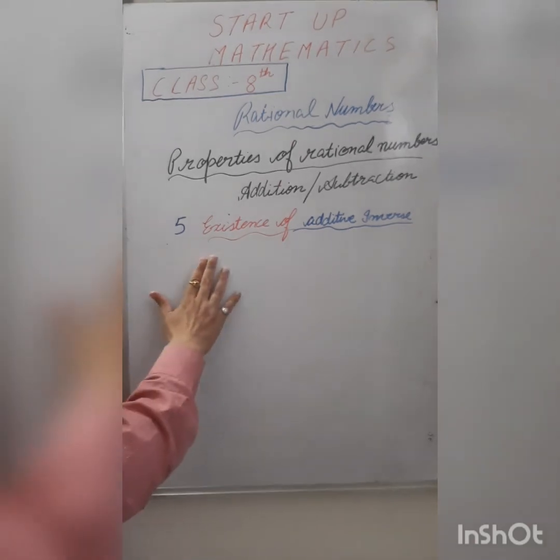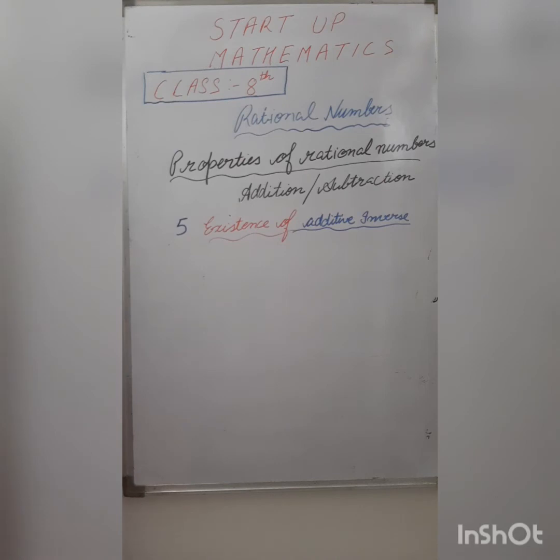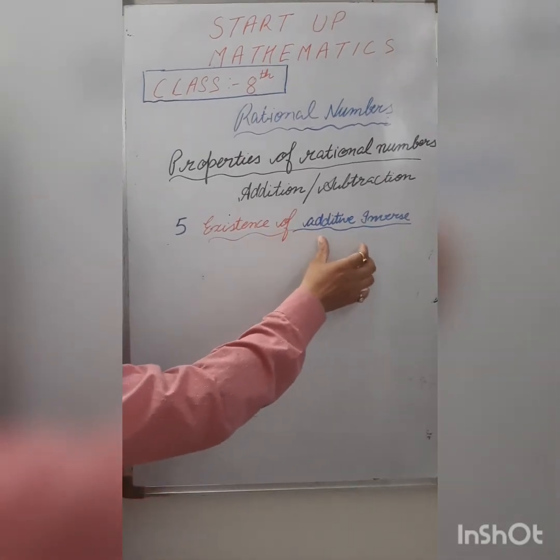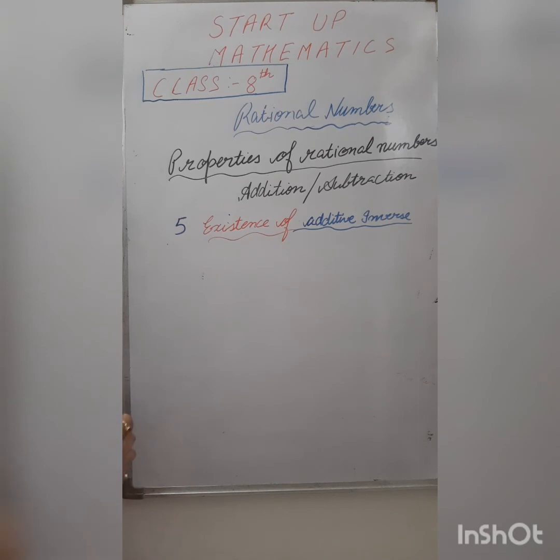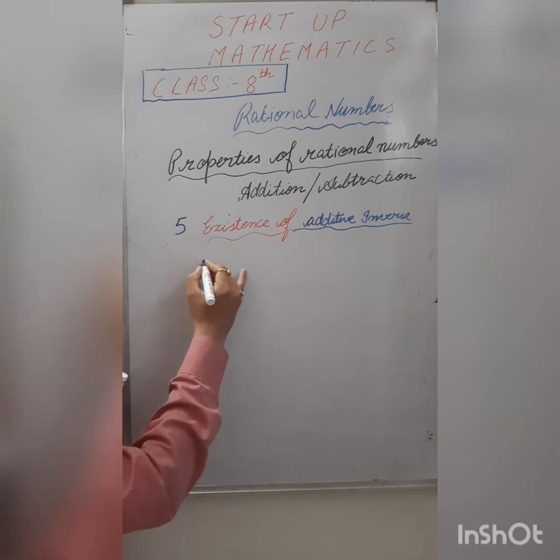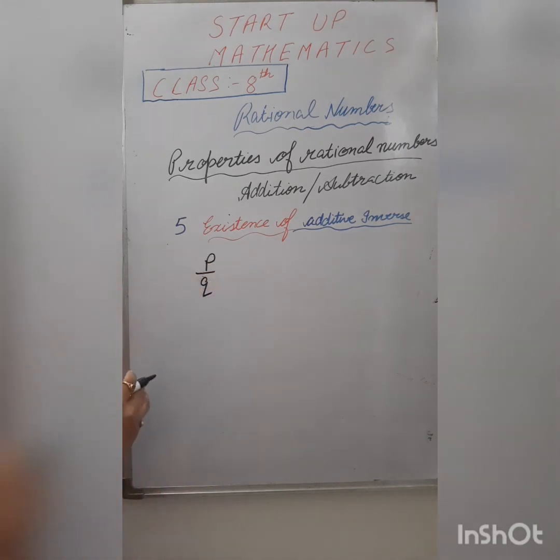So what is the property of additive inverse in mathematics? In mathematics, the additive inverse of a number, let's suppose I take p by q, is a number which, when added to the given number, yields 0, means it creates the sum as 0.